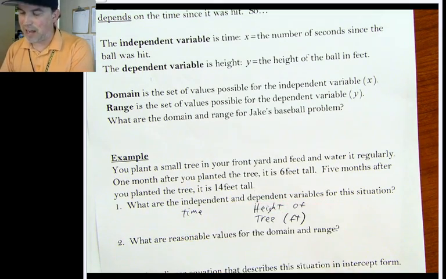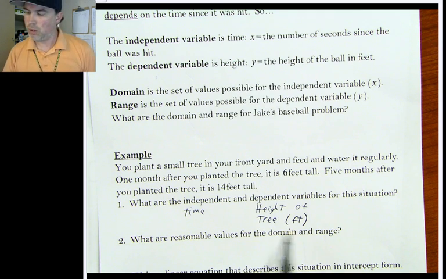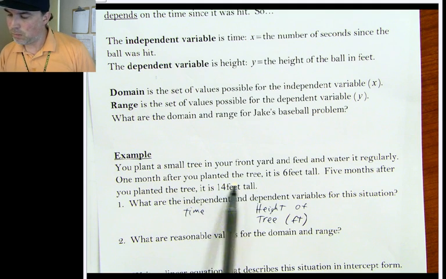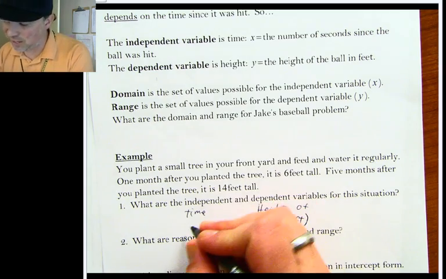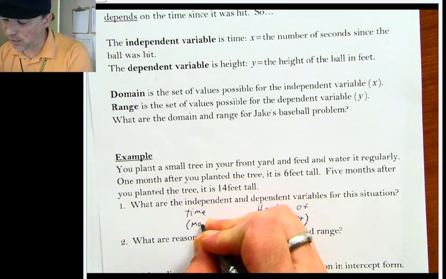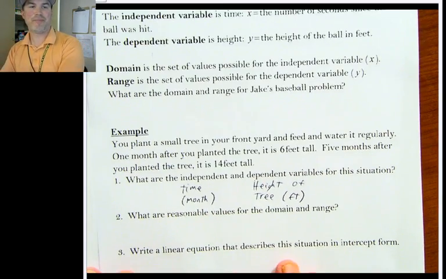That means that time is the independent variable. But same thing: by time, are we talking seconds, hours, months, days, years? I don't know. Well, in this particular problem, what's this? Oh, 1 month. So in this particular case, time is being measured in months.